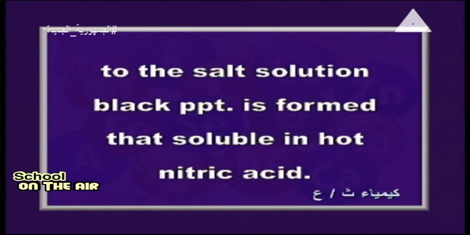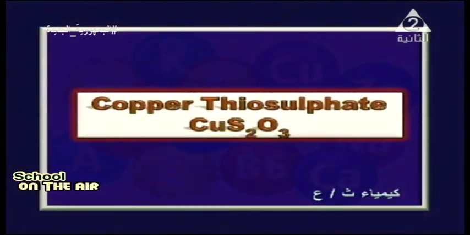So the radical here is copper, and so copper is the basic radical and thiosulfate is the acidic radical. So the salt here is copper thiosulfate, as its chemical formula applies, CuS2O3.